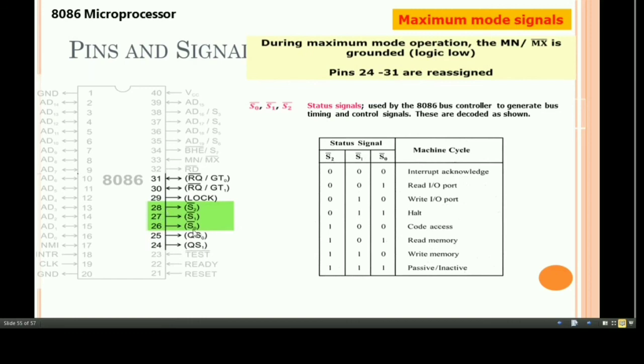Now these are acting as status signals S0 bar, S1 bar and S2 bar. These are active low and these are acting as output pins for 8086. These status signals are used by the 8086 bus controller to generate the bus timing and control signals. These are decoded as represented in this table.